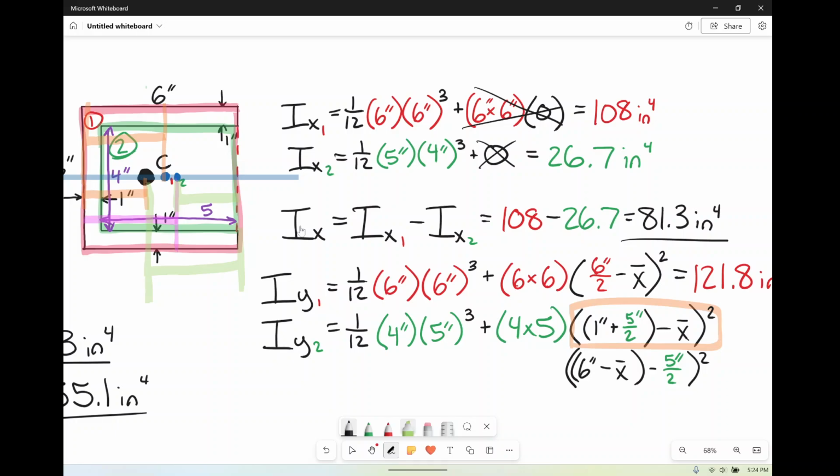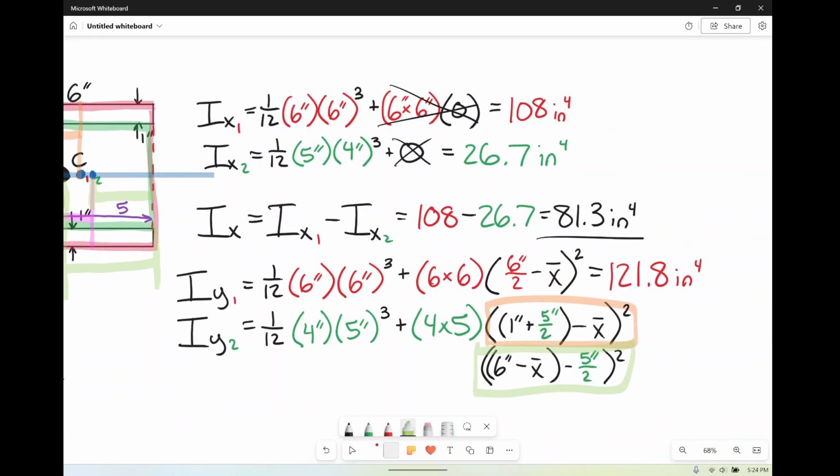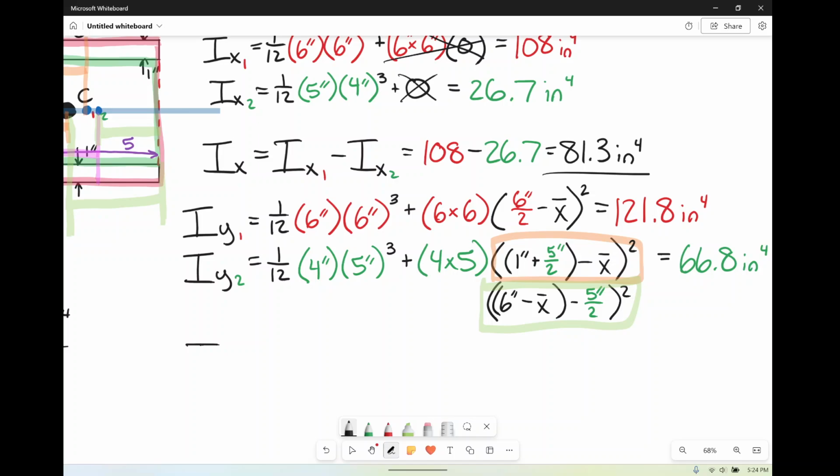Ta-da, squared. So again, you have two different ways. Again, it's lovely. However you really want to figure it out, it is going to give you the same answer, and the answer is going to be 66.8 inches to the 4th.